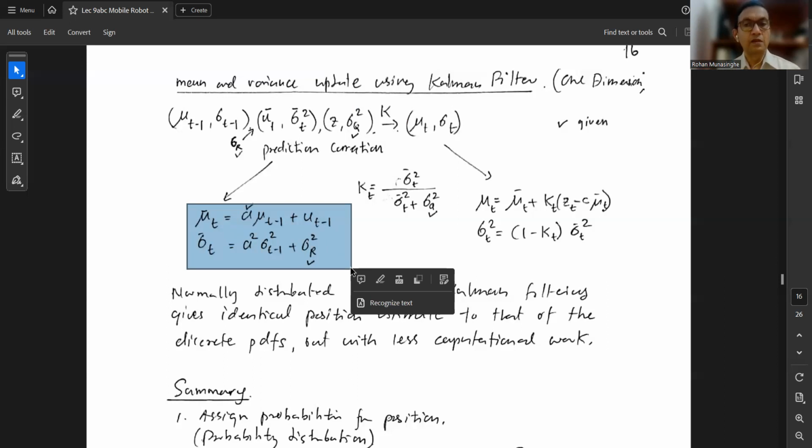For a single dimension, A is a scalar, so it's a one-dimensional thing. And what about sigma, the standard deviation? Well, it is the square error basically. So therefore, it has to be A squared sigma squared t minus 1 plus sigma squared r. That is the vehicle error covariance. In vehicles, there are some imperfections in wheels and all that. So that is this sigma r.